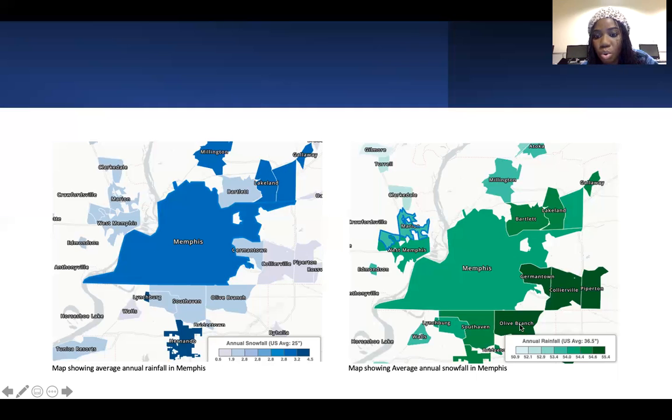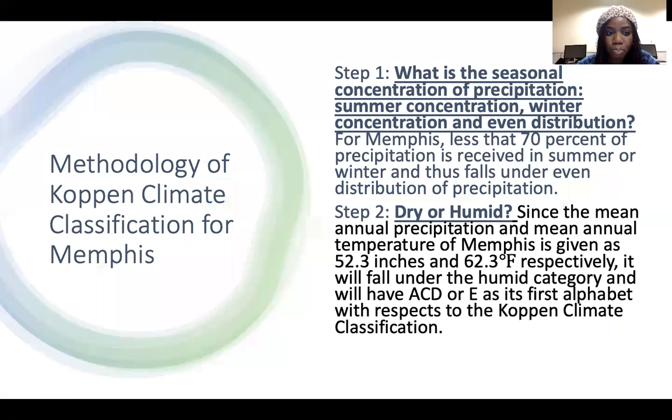But for the rainfall, Memphis has a high annual rainfall compared to the US in general. The US has about 36.5 inches of rainfall, but Memphis has, I would say according to this map, about 53.4 inches of rainfall.